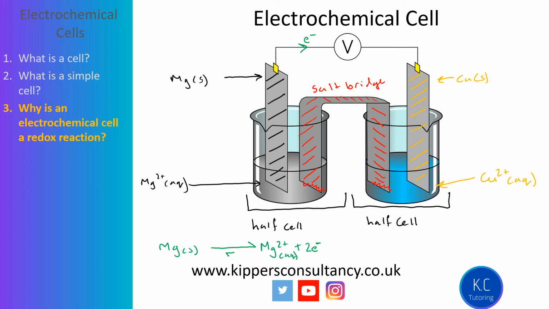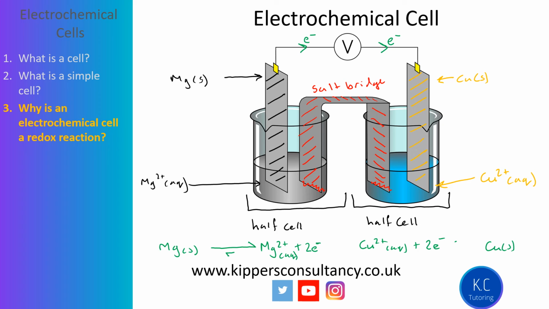In the copper half cell, what happens is essentially the opposite. We know that the electrons will flow to the copper. The copper is the least reactive of itself and magnesium, so we know that it's going to accept electrons. So what is actually going to happen is the copper ions and the two electrons will form the copper solid.